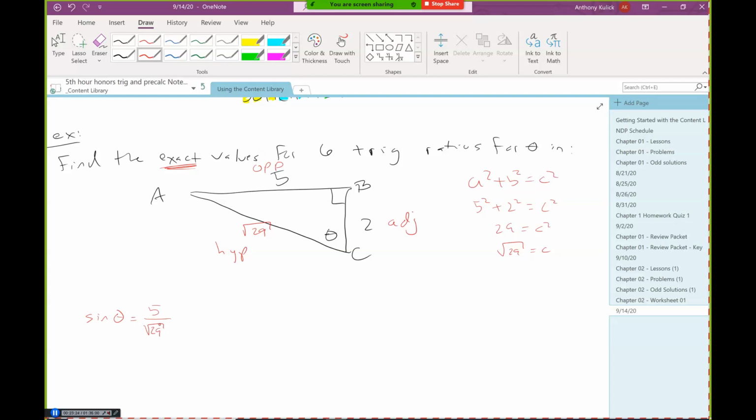There's a square root in the denominator, right? How do we fix that? We rationalize the denominator, multiplying the top and bottom of that fraction by the square root of 29. So I'd really say my final answer is 5 square root 29 over 29.